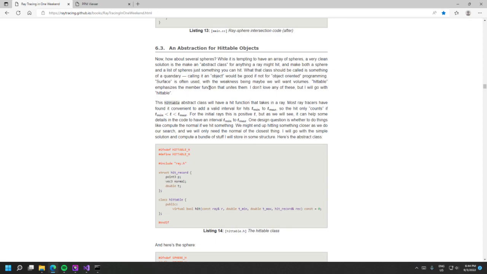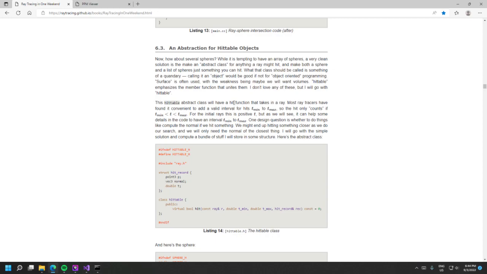Okay, so well, let's continue reading. Something called calling an object. No, we should not call that an object. The author wants to call it hittable, and that makes sense because that's basically all the objects that can be hit in all the different ways, different shades by the ray.